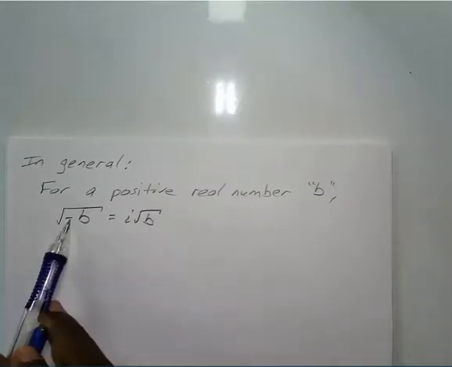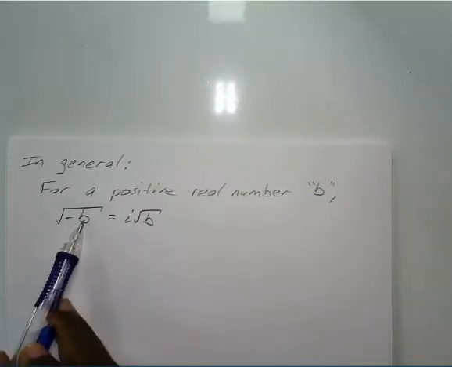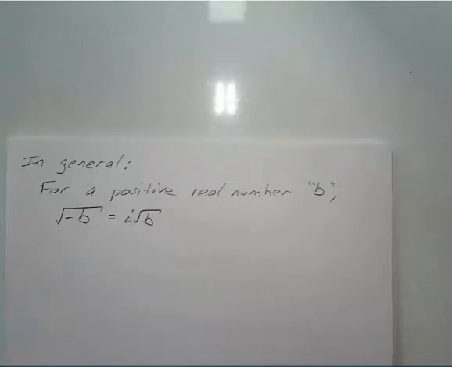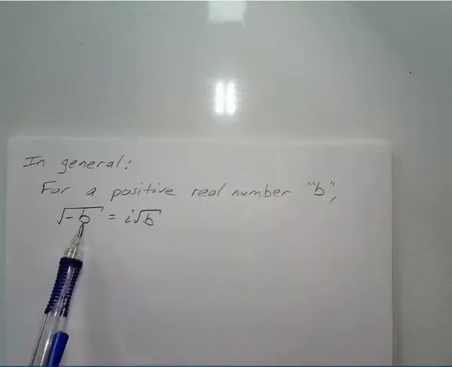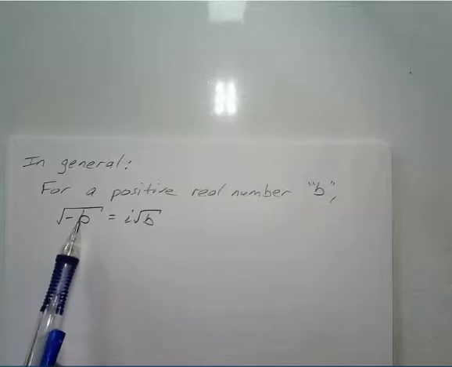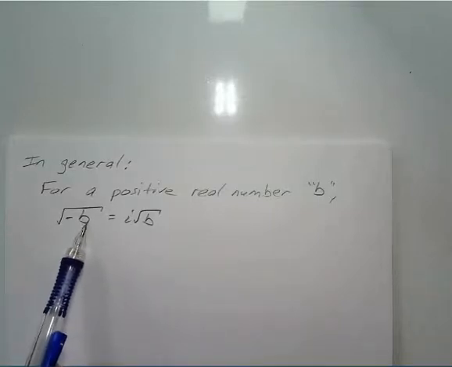So really all you have to do is get that negative b and make that negative into an i and have that b as positive. And the reason they say that for positive real number b, because if b is negative, you have the negative of a negative number, it will come out positive. So if b is positive, you have the negative of a positive number.